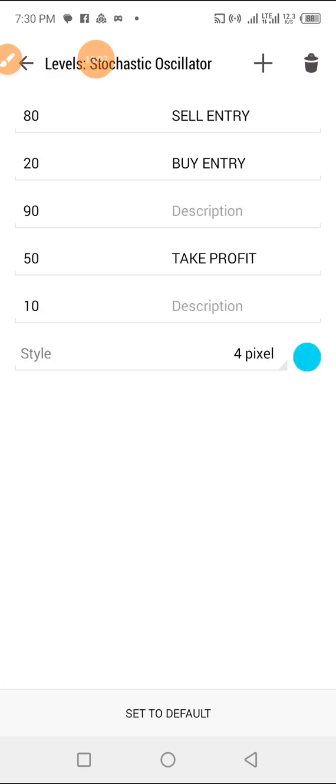Then the levels, you can see it with the descriptions. 80 you sell, 20 you buy, then 50 you take profit for each so that you don't mess up. If price is making pullback, you're out. If price will now go further, no problem. You're going to be waiting for it at the lower part. Then if it's taking the upper part, at 50 you are out, you wait for the reaction at the upper part. That is how to use it on 1 minute. Exactly, most trade on volatility 75 indices.